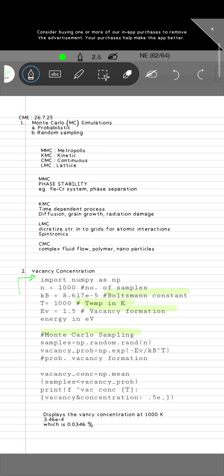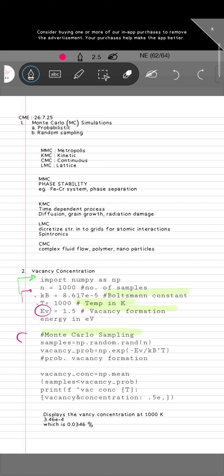We decide how many samples we shall be dealing with. The greater the number of samples, the more is the accuracy of the program. So we have taken about 1000 samples, and then we have defined the Boltzmann constant, and the temperature which we are taking into consideration is 1000 Kelvin, and there is an energy of vacancy formation, that is 1.5 electron volts. These are the defined parameters.